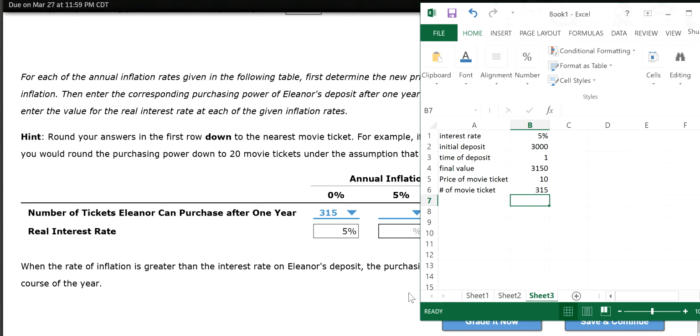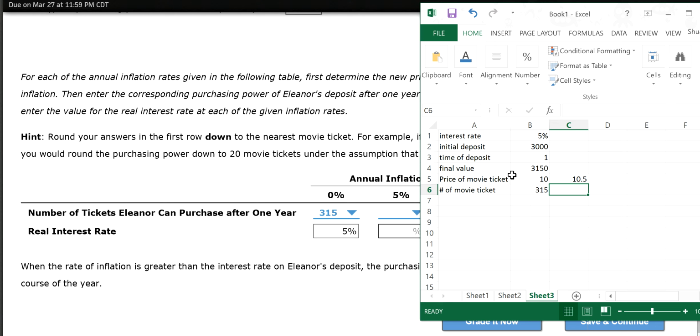And then second, if there is a 5% increase in your inflation, now let's find out our new price of movie ticket. So for the new price, let's do 1 plus the 5% inflation, to the power of 1 year, and then times the price of ticket before, $10.